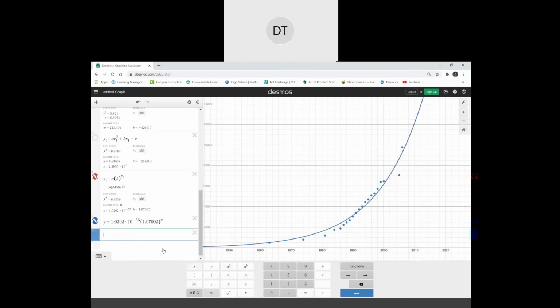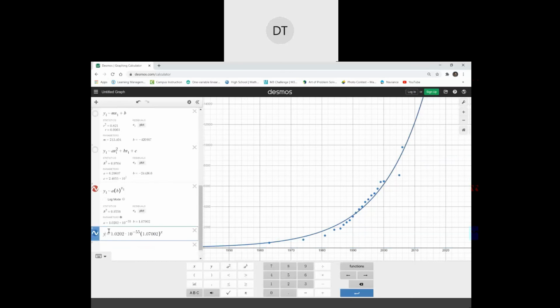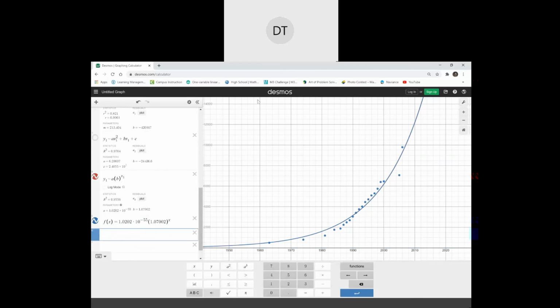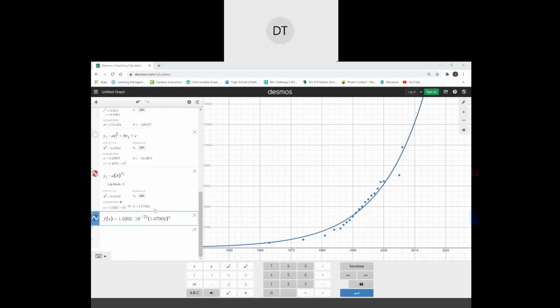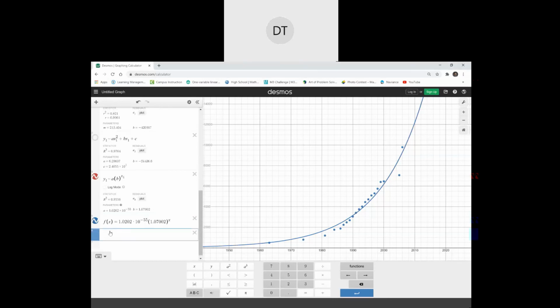So there's our y function. Actually, let's call it f of x.